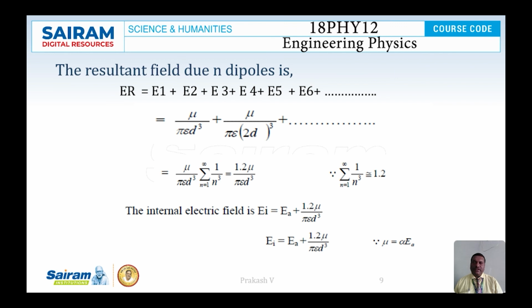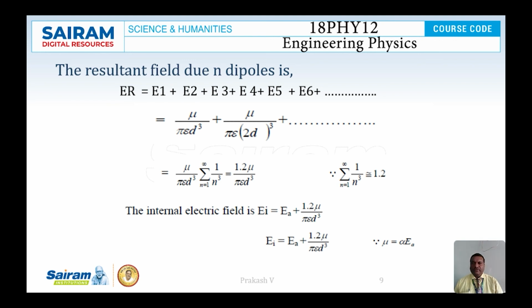So if you consider all the atoms into account, what happens? The resultant field due to n dipoles is Er, that is equal to E1 plus E2 plus E3 plus E4 plus E5 up to En. So that is equal to mu by pi epsilon d cube plus mu by pi epsilon into 2d whole cube plus so on.